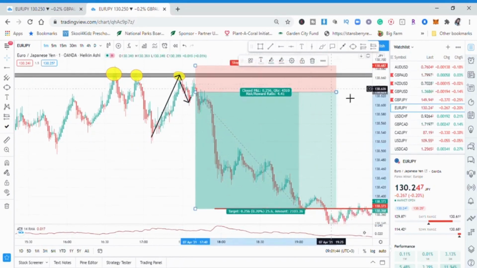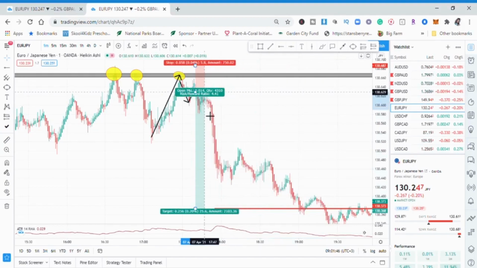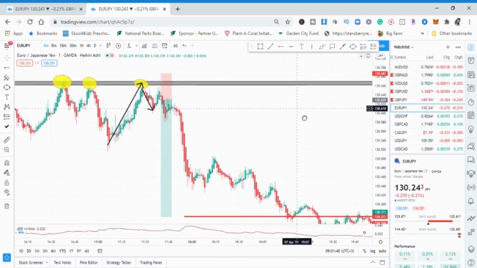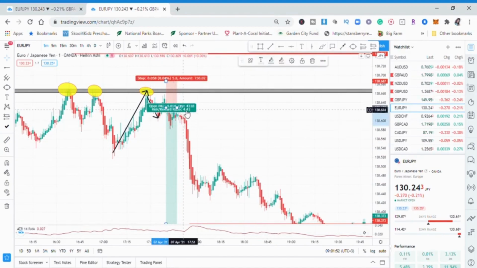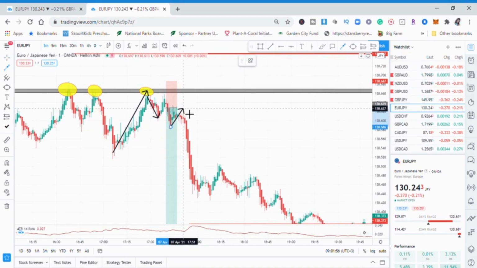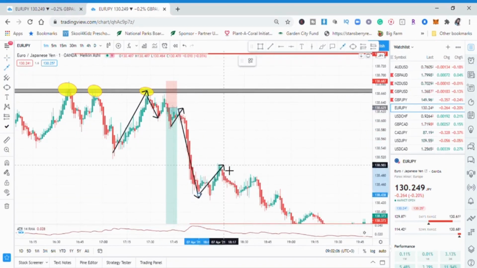If we can first bring that down, you can see buyers continued to be weak in this market. So the buyer tried to push the market, but what did the seller do? The sellers continued creating low lows. And when the sellers are creating low lows, it means that the buyers have been defeated.